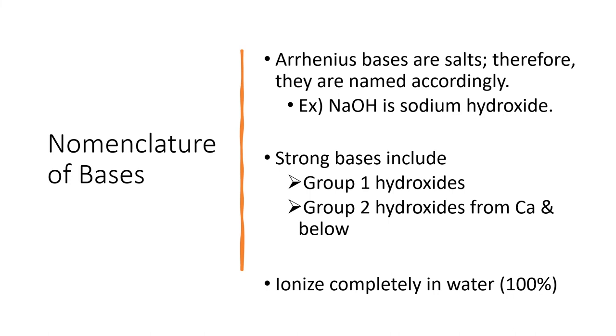So lithium hydroxide, sodium hydroxide, potassium hydroxide, those are all group 1 hydroxides. But in group 2, you'd have calcium hydroxide, strontium hydroxide, barium hydroxide, which would all be strong bases. These strong bases will ionize completely in water, just like strong acids do.